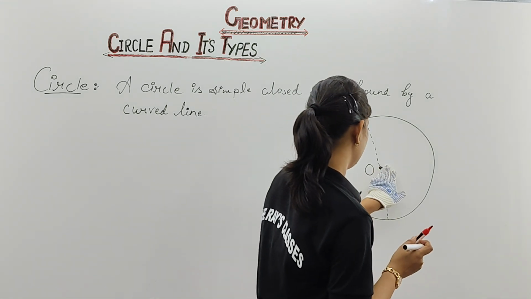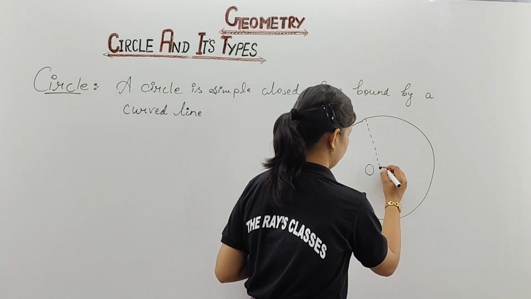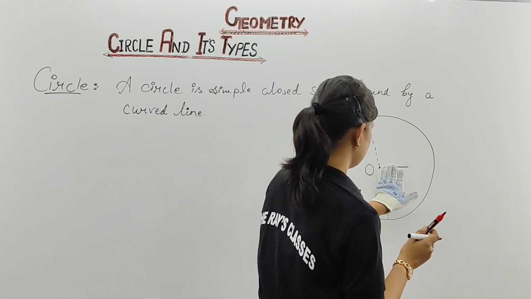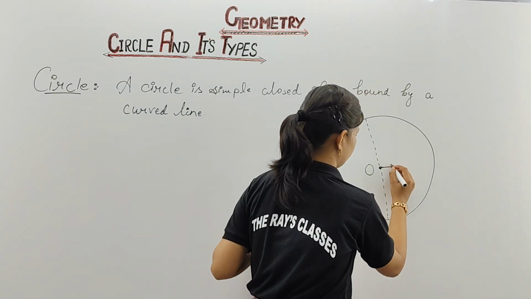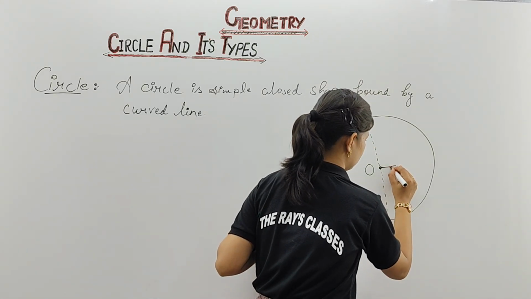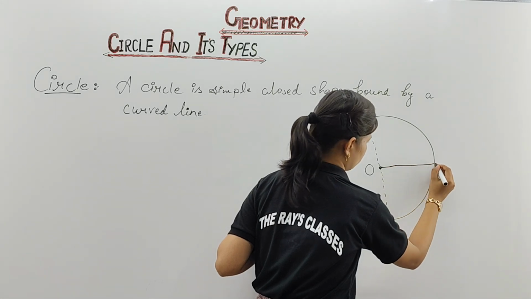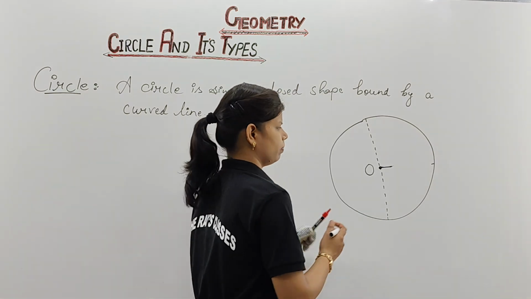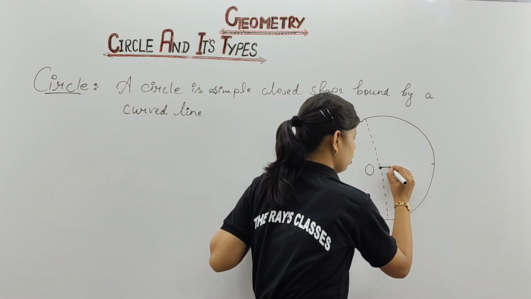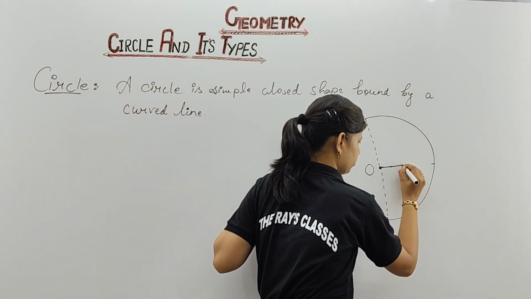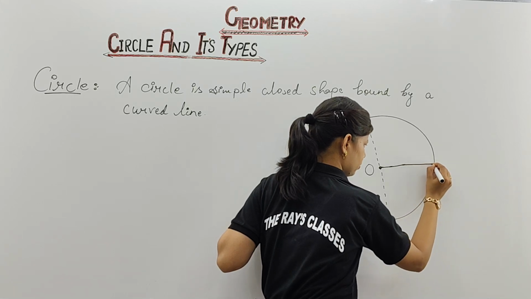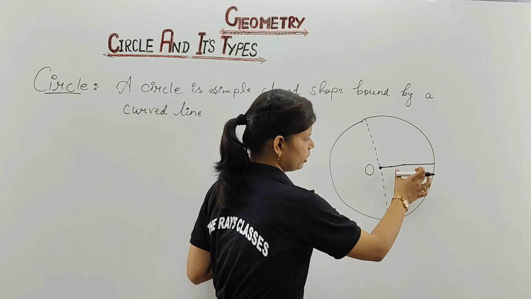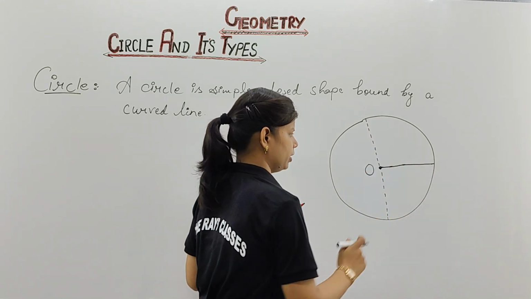This is called the radius of the circle. That means radius is what? Half of the distance across the circle. It should be straight. Whenever we are drawing a geometrical figure, make sure the figure is drawn correctly. This half part is an equal part, this part as well as this part.